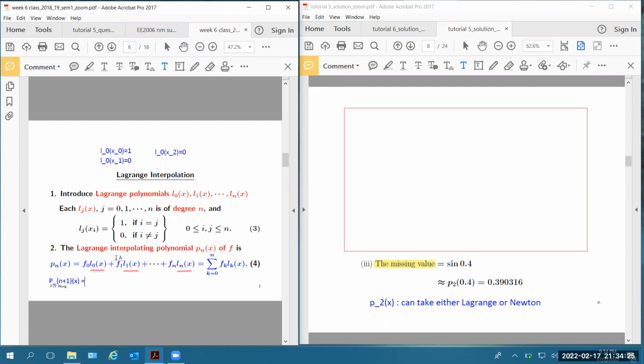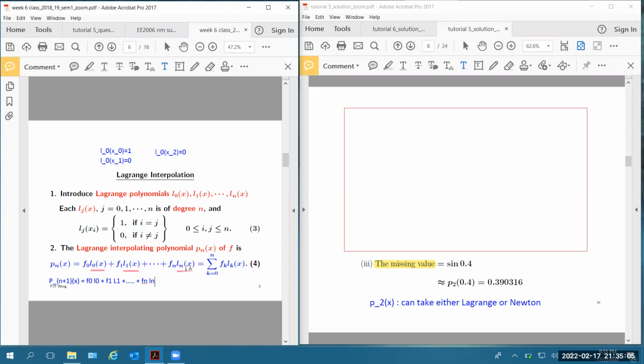So if we follow this Lagrange interpolating polynomial, it's f0 L0, f1 L1, plus fn Ln. So you still have f0 L0, and then plus f1 L1, and then plus, and of course you still have your fn Ln.